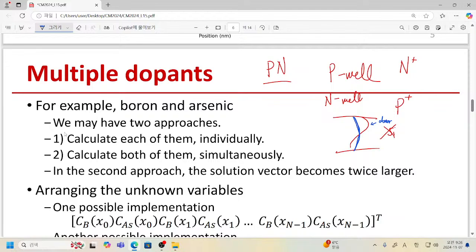Then at the same time, this does not exist alone, but there is also another acceptor profile. So in this case, I increase the temperature up to, for example, 1000 Celsius, but only donors diffuse and acceptors do not move.